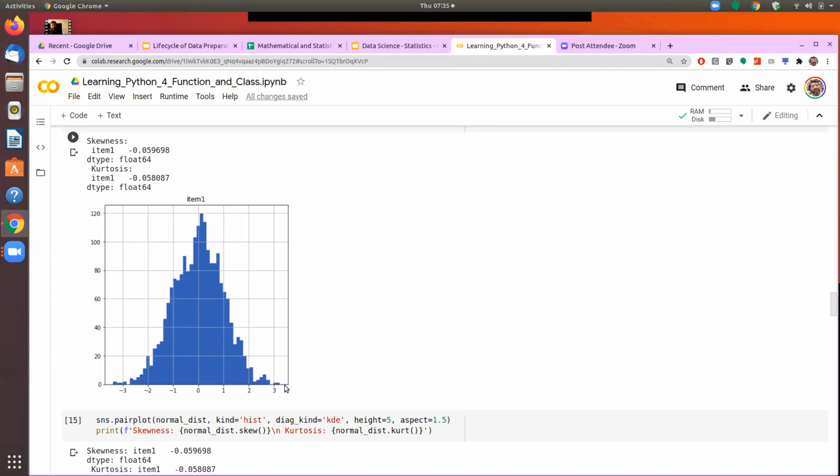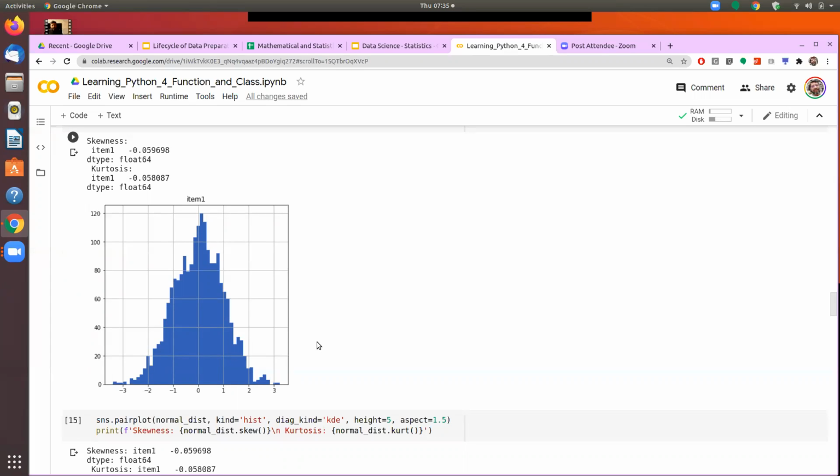When we say symmetry, it is symmetry around the central tendency, symmetry around the mean, symmetry around the median. And what do we mean by symmetry? Visually, does it look similar on both sides of the mean? So this data set is more or less symmetrical.